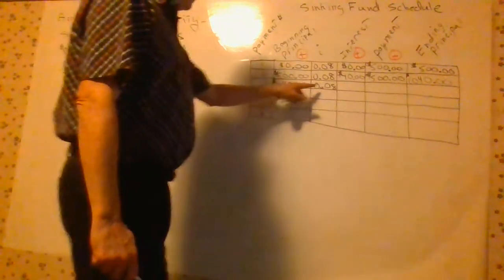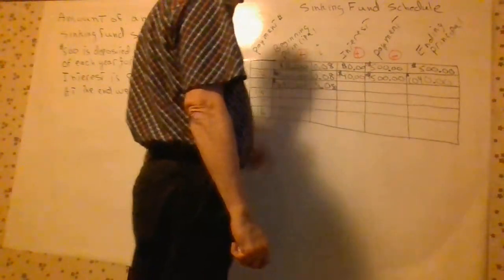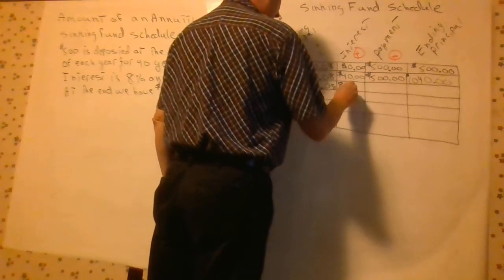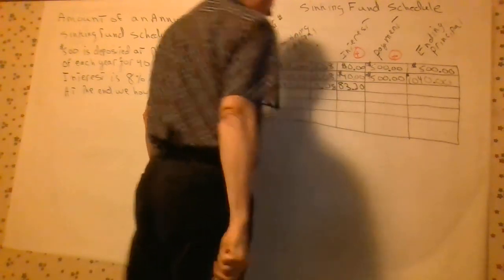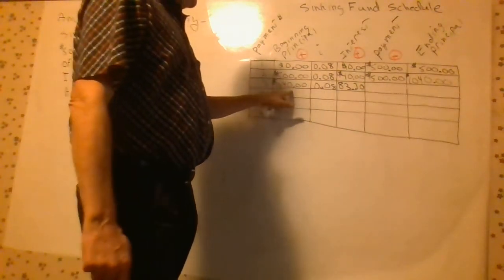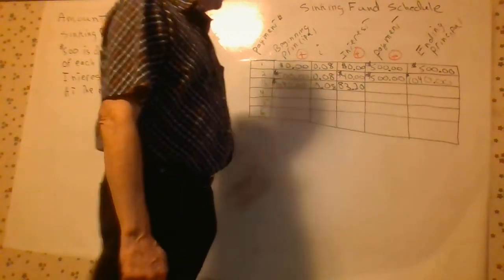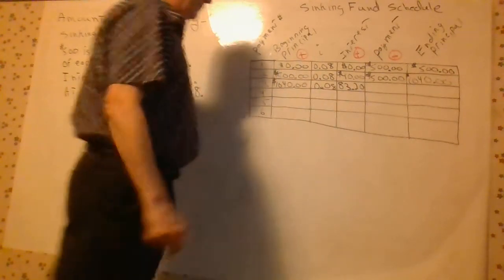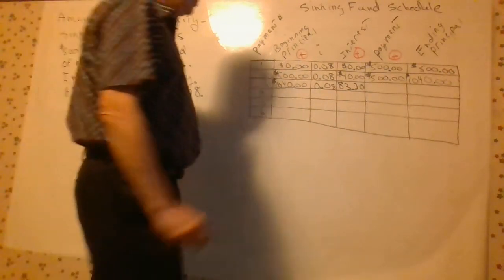Okay, and then 8% of 1,040, that's actually 83.20. Okay, 8% of 1,000 is 80, and 8% of 40 is $3.20. And again, you can multiply 1040 times 0.08, it will give you 83.2.